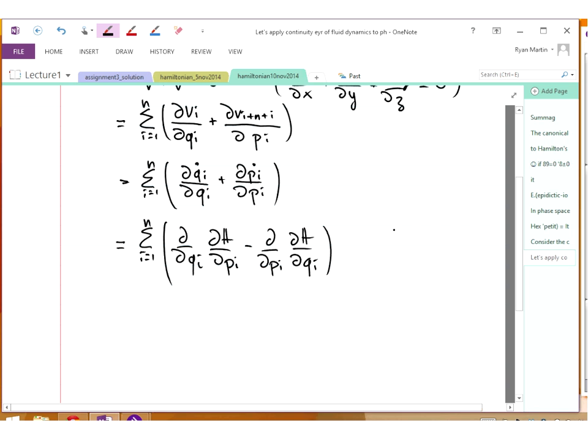So that's equal to 0 because the partial derivatives commute, right? Doing ∂/∂qi and then ∂/∂pi is the same as doing ∂/∂pi and then ∂/∂qi.